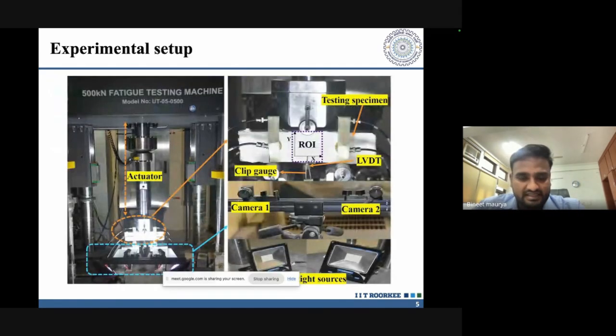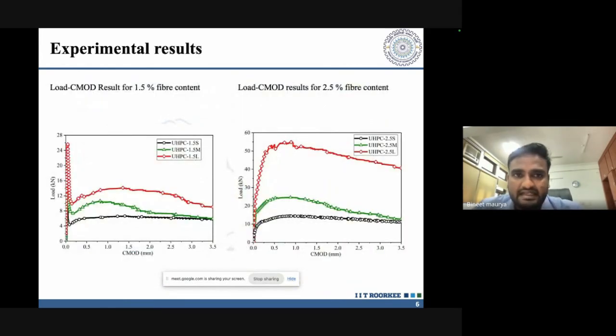So this is our experimental setup, the flexural load setup. You are able to see it, where we have used the LVDT to monitor the crack mouth opening, or you can say the crack opening. We have also used the digital image correlation technique to figure out the surface damage. And this is how the flexural loading has been conducted for the geometrically similar beam specimens and for both fiber percentages.